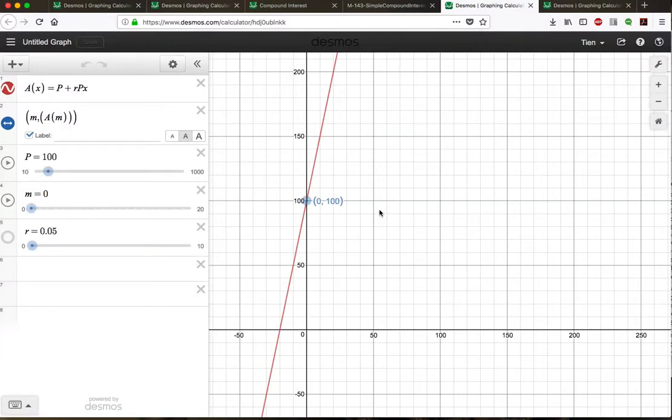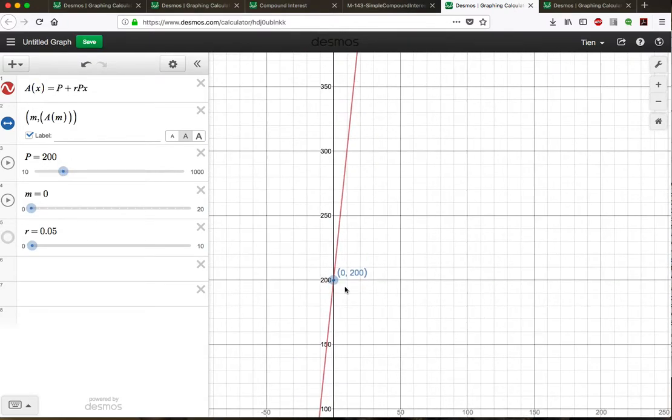So here we have a general example of that. This is the same thing we had before, right? But I can change it so like if you initially borrowed like $200, then not only do we owe more money at first, but if our rate is still 5%, we're getting charged more per month because now 5% of 200 is $10. So the slope is $10 a month.